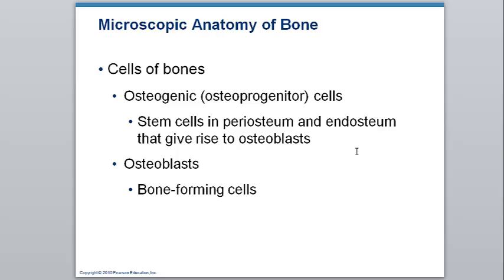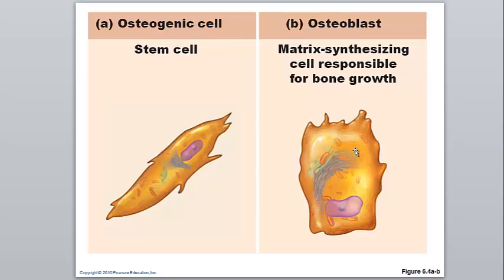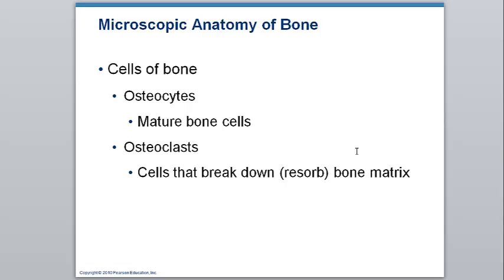Osteoblasts are bone-forming cells, meaning they are going to make the matrix. Osteocytes are the mature bone cells. If you remember from your tissue lesson, I said that lacunae are formed around the cells of the cartilage. Those are your chondrocytes. The same thing applies over here too.